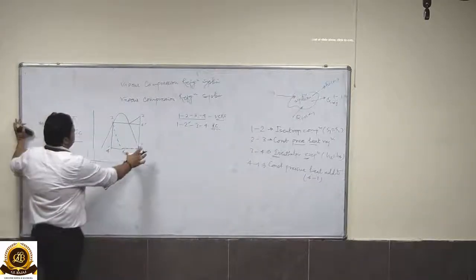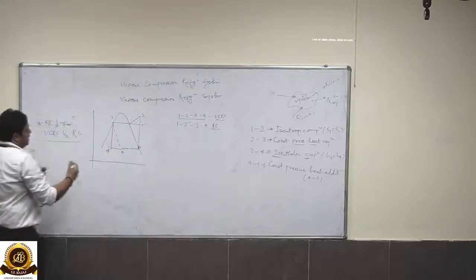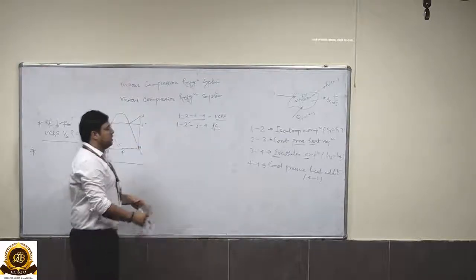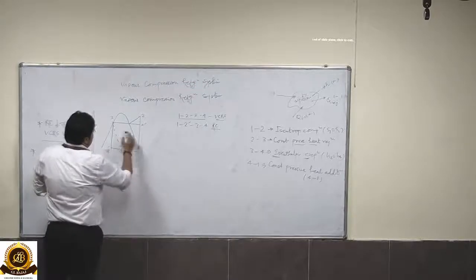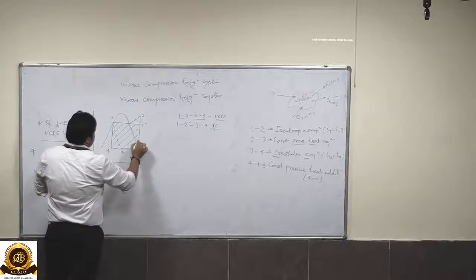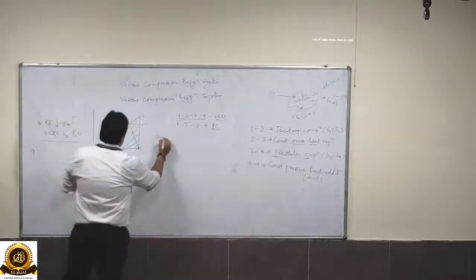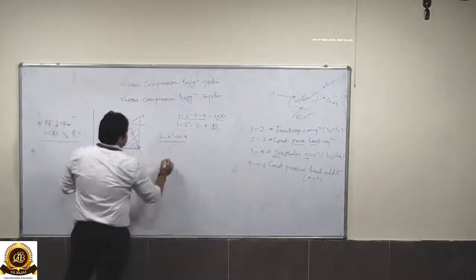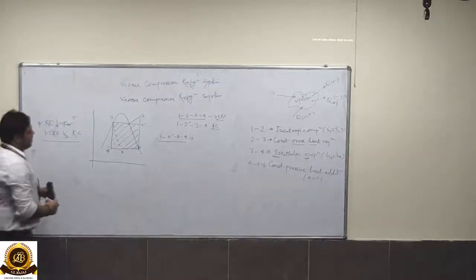If we compare the area under the curve for a vapor compression refrigeration cycle, while for the reverse Carnot cycle, we can see the work input for the reverse Carnot cycle is represented by the hatched line, which I have shown, 1, 2 dash, 3 and 4. This is the work input to the compressor in case of reverse Carnot cycle.